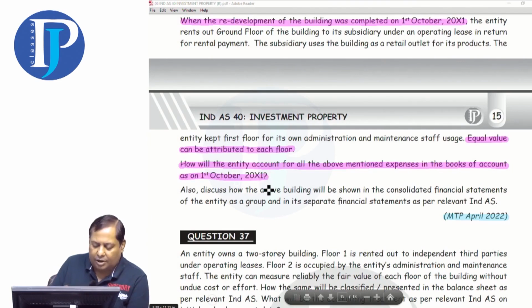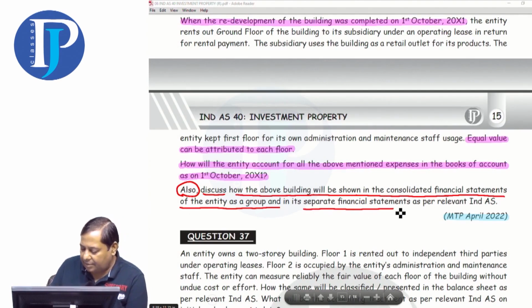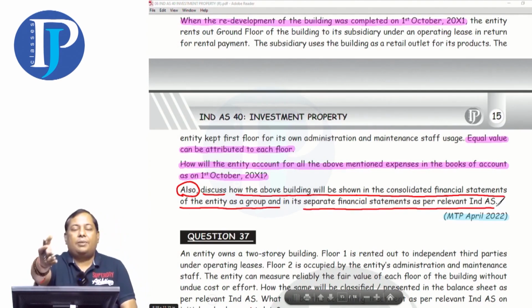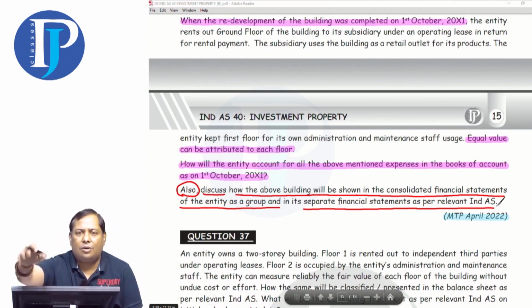As on 1st October, you need to provide a detailed working of the property's cost. What else do you have to show? Also, discuss how the above building will be shown in consolidated financial statements and separate financial statements. Separate I have explained already. So it's half in 16, half in 40.